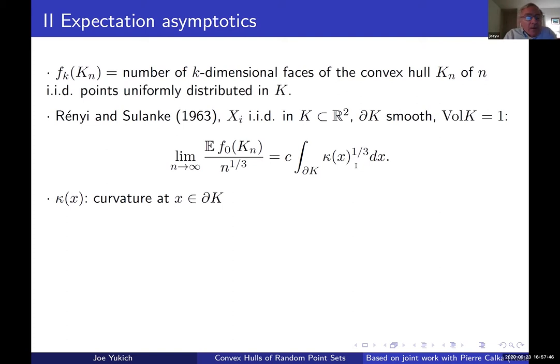So if one goes back to the previous transparency and looks at smooth bodies, one would observe that the height of the cap should behave like the curvature to the 1/3 times n to the minus 2/3. So if one did the analysis a little bit more carefully, one would pick up a curvature term, and integrating this curvature over the boundary gives this integral here.